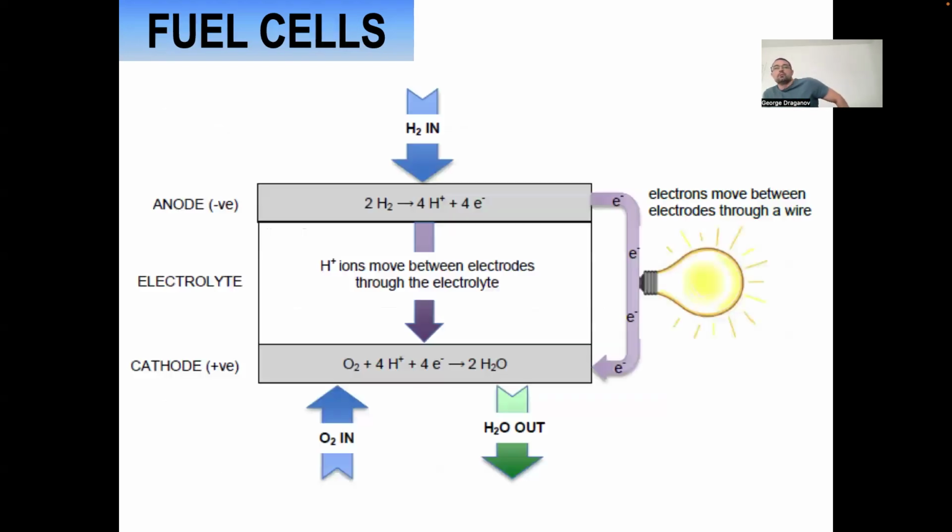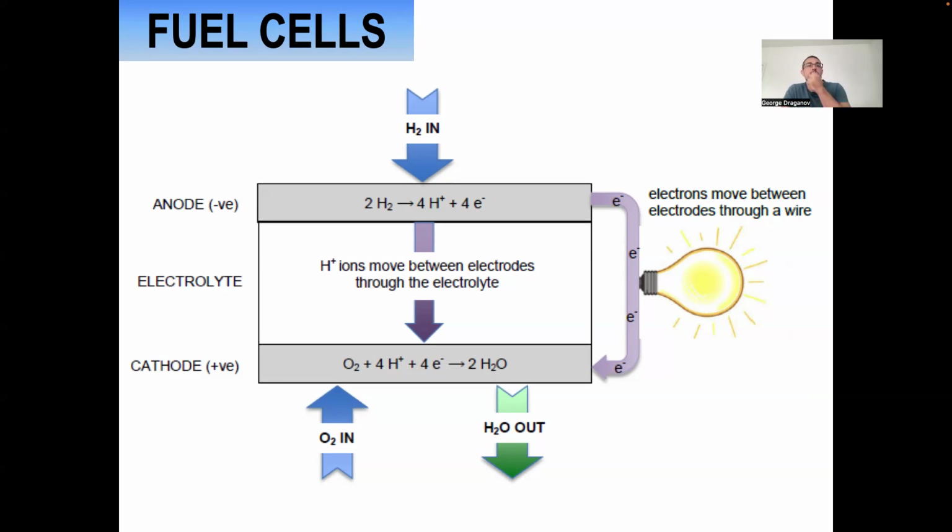Now, these are the half equations, and they might seem quite complicated. Ultimately, you need to memorize them. But I'm going to explain how the process works and build up the equations for you. One thing you'll notice here, do not panic, it says anode is negative. Now, in electrolysis, we learned PANIC: positive anode, negative cathode. That wasn't wrong.